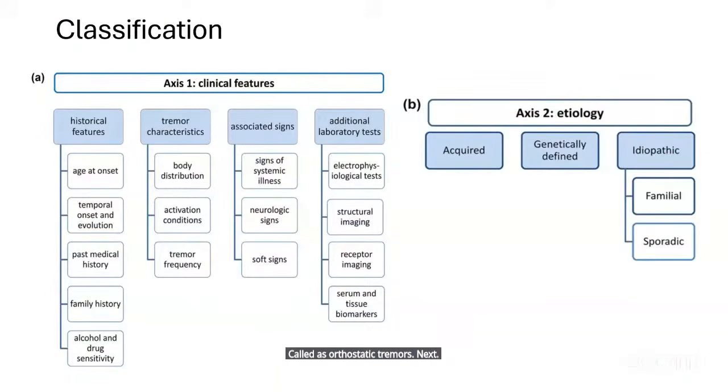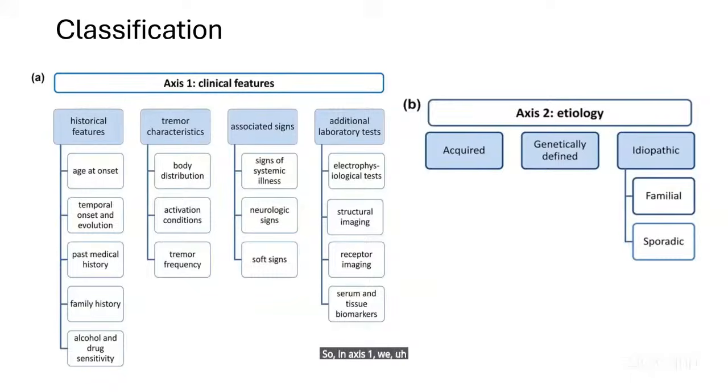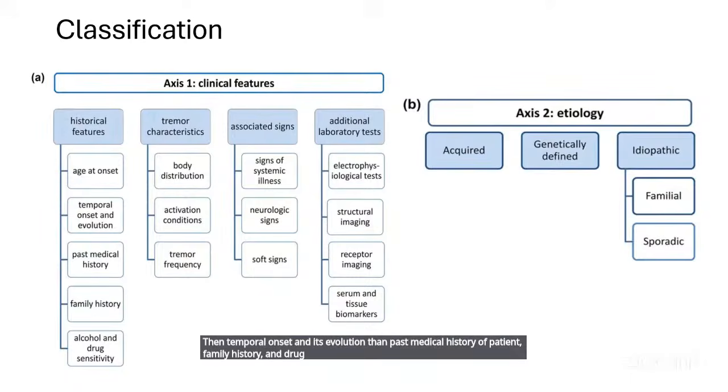Next. Now the classification is we can divide it into axis 1 and axis 2. Axis 1 is clinical features and axis 2 is etiology. In axis 1 we divide it into historical features like age at onset, then temporal onset and its evolution, then past medical history of patient, family history, and drug and alcohol abuse.